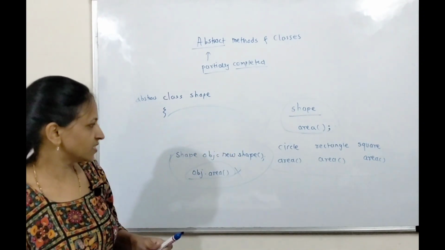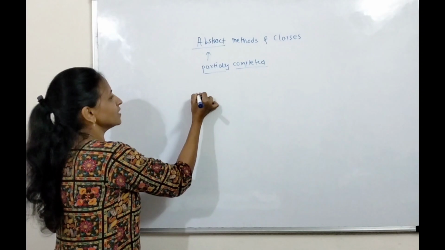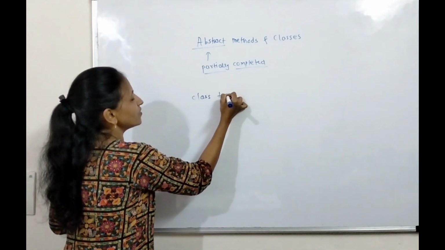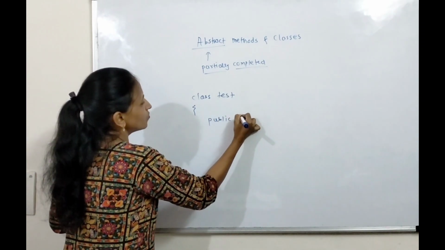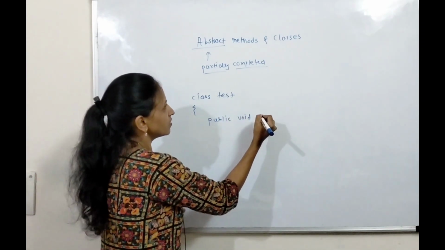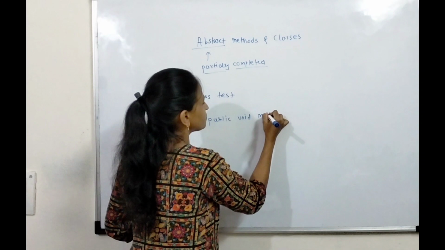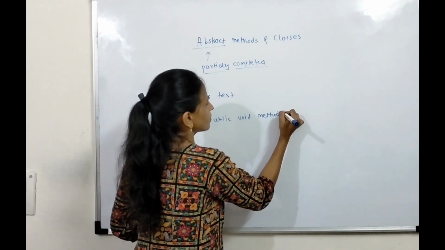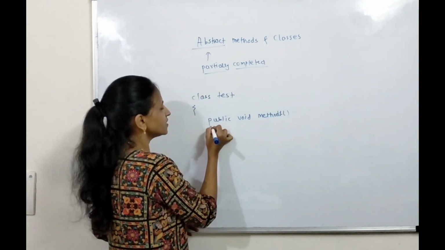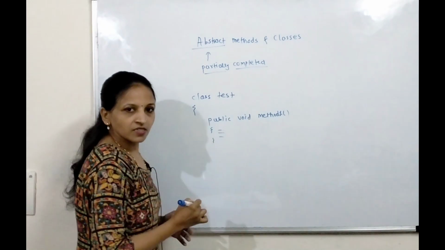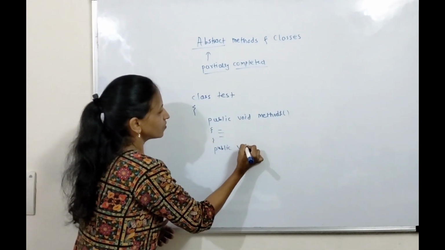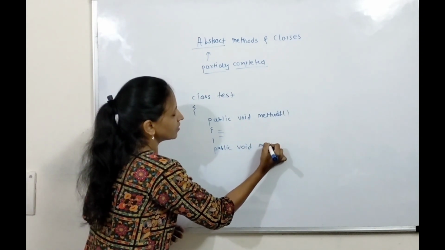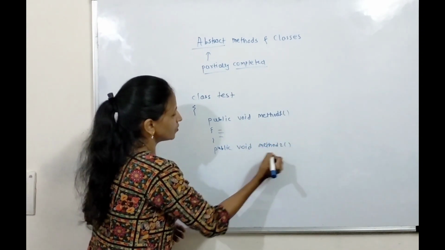Let the class be Test, and suppose it has a method public void method1, and let it have some implementation in it. Suppose we have written one more method, public void method2.